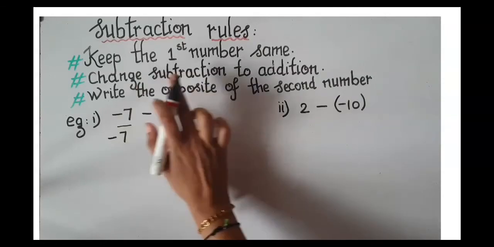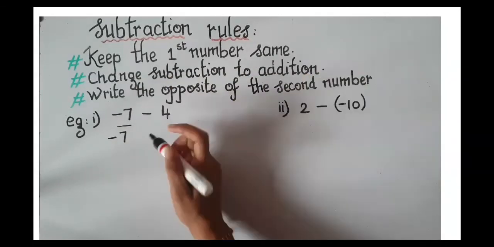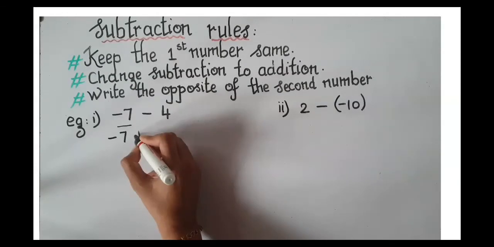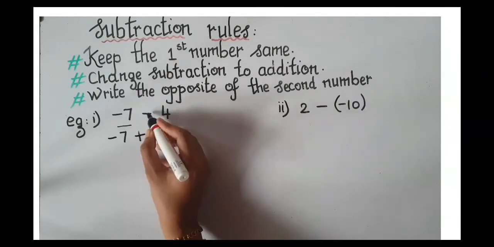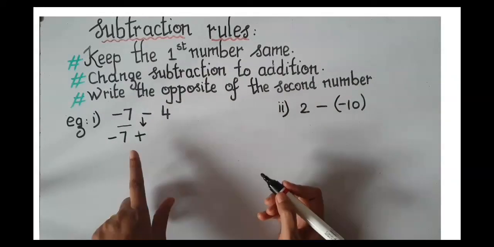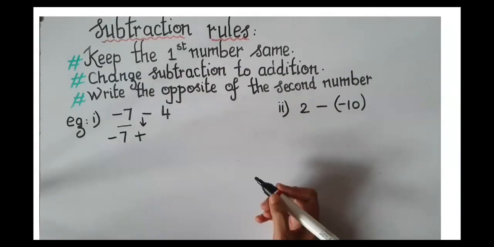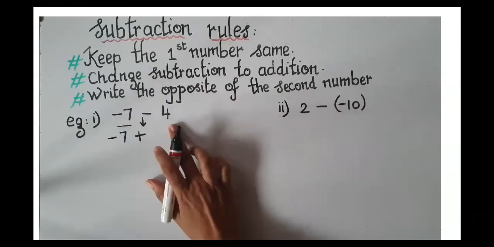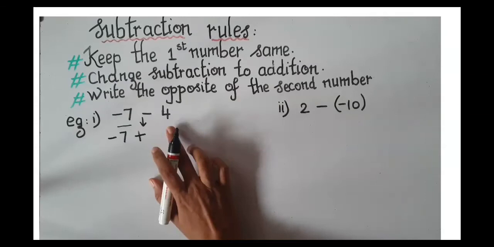Keep it. Change subtraction to addition. So change the operation of subtraction to addition. So that's your second step. And your third step, write the opposite of the second number. The second number, as you can see, is +4.